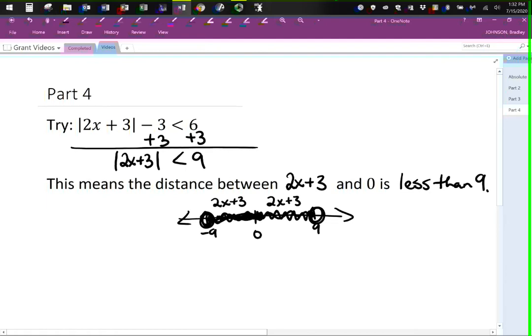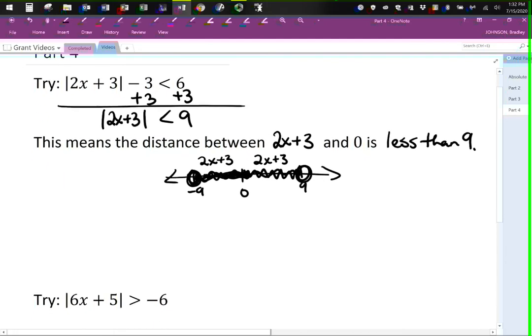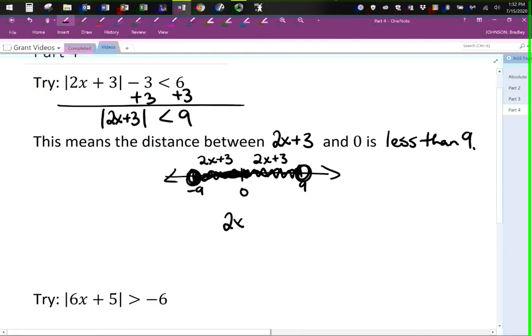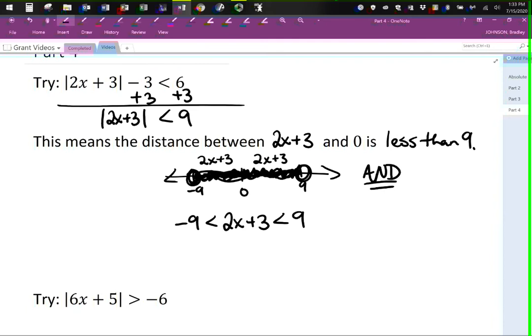What we've seen before is that we could just take 2x plus 3 less than 9, and then I could make a compound inequality here, because this is my special case where we have the AND statement when we're dealing with less than. So we have 2x plus 3 less than 9, and 2x plus 3 greater than negative 9.